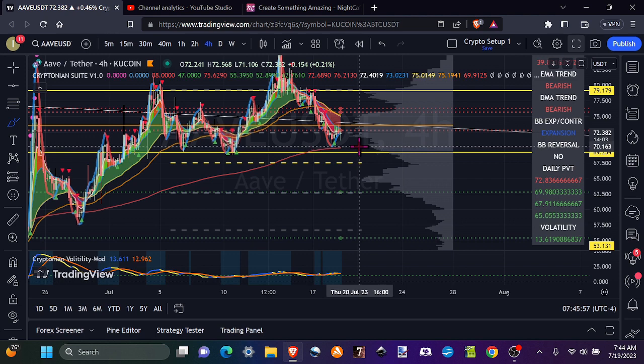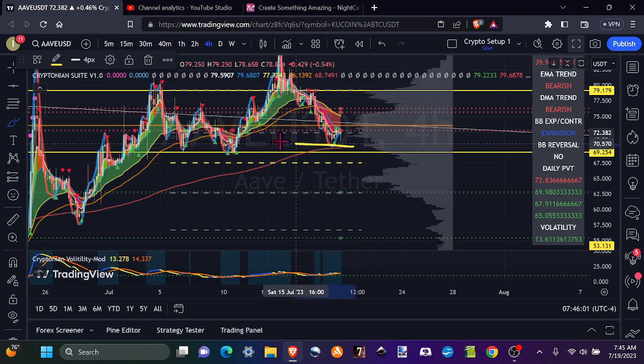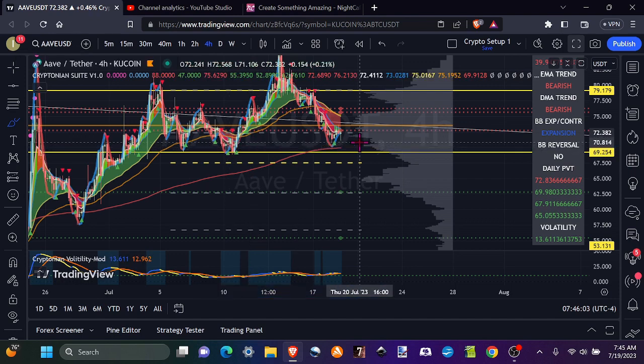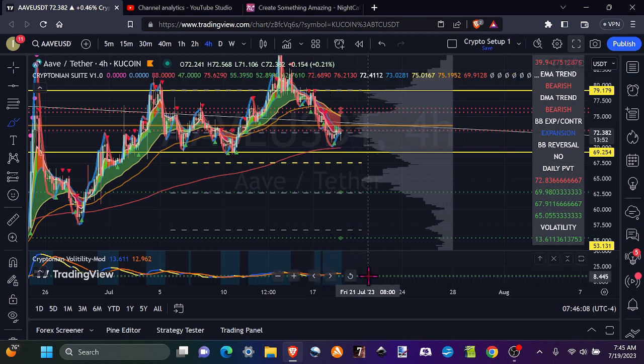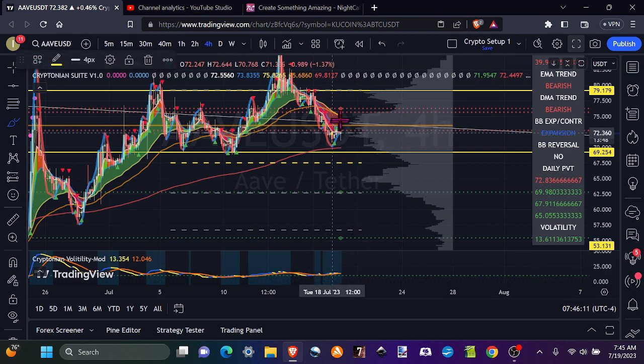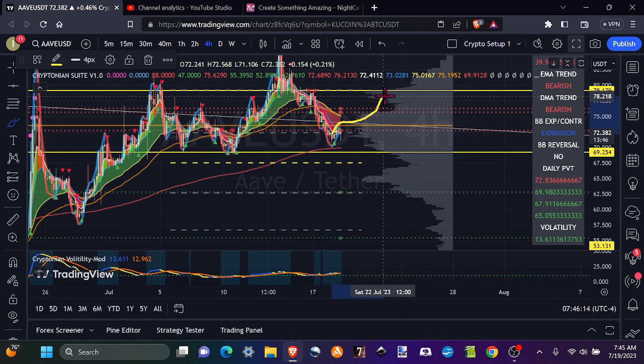The 200, like I said, is showing support at 70.16. Currently, here we have a higher low, which is bullish. And so if Bitcoin starts moving up, we can expect the same with AAVE to move up and possibly hit 79.11, which is that upper resistance line.